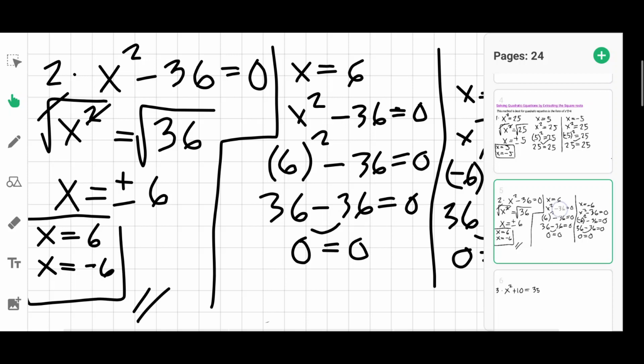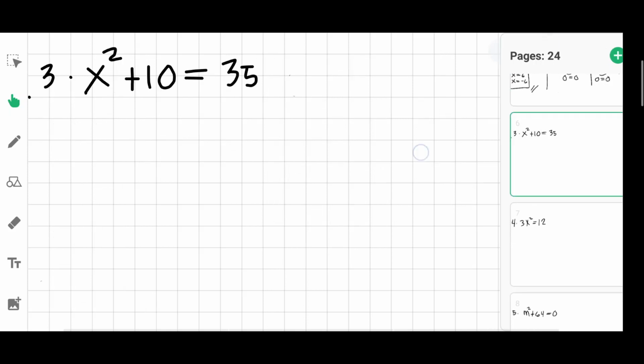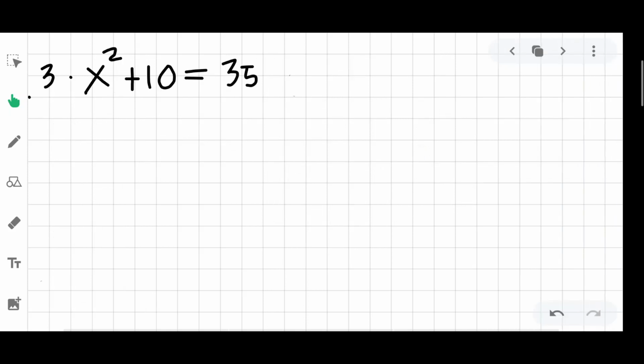So, para naman sa pangatlong example, we have x squared plus 10 equals 35. So, as what I said earlier, kailangan yung x, naka-isolate lang siya dito. Nandito lang siya sa part na to, and lahat ng mga constants na walang kinalaman sa x, kailangan natin ilipat sa kabila.